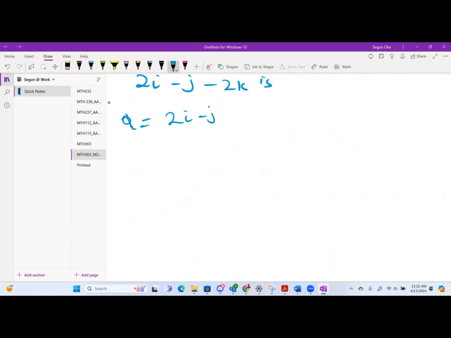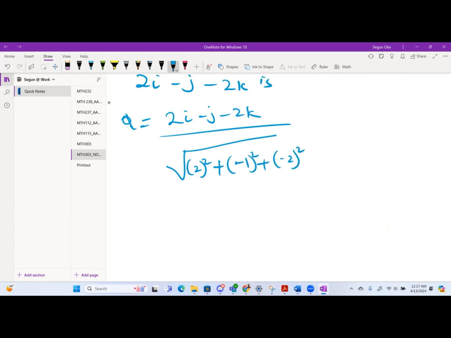minus j minus 2k divided by square root of 2 squared plus -1 squared plus -2 squared. So this will give us 9. Square root of 9 is 3.